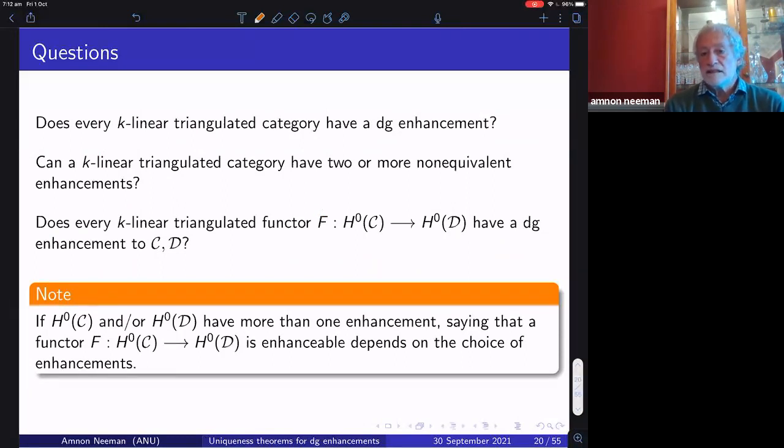And does every K-linear triangulated functor from H naught of C to H naught of D have an enhancement to C and D? So these seem natural questions, and they're old questions.